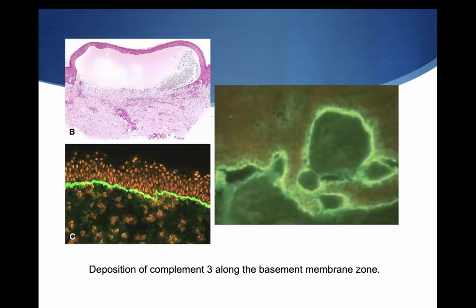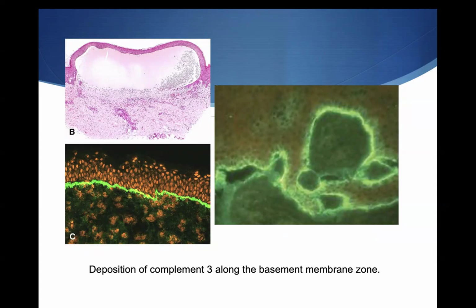The fact that they don't get oral lesions can help you distinguish this from something like target lesions and erythema multiforme. They can look very similar on the skin, but the absence of the face and oral lesions can help you rule out those in your differential.